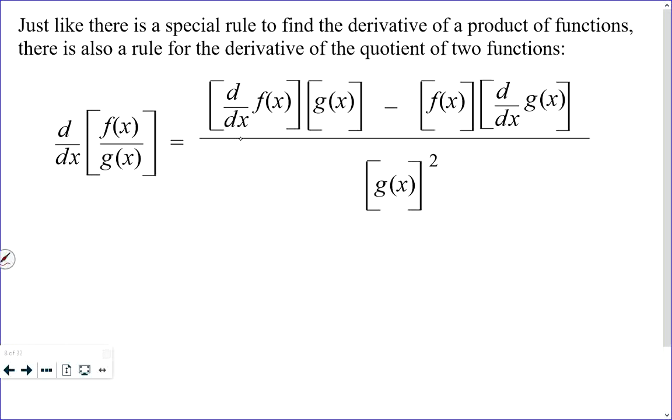It's a deeper thing. This is not given to you, and if you look at this without thinking, it's confusing, but you should be able to decipher what this is saying.